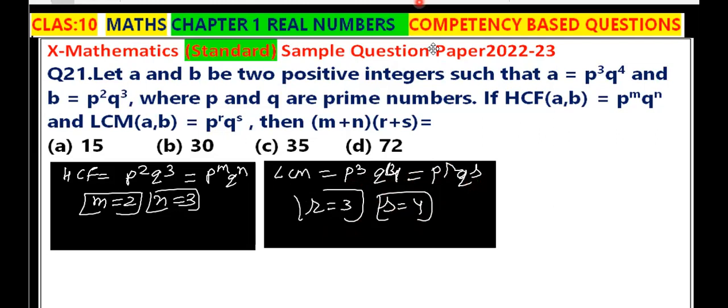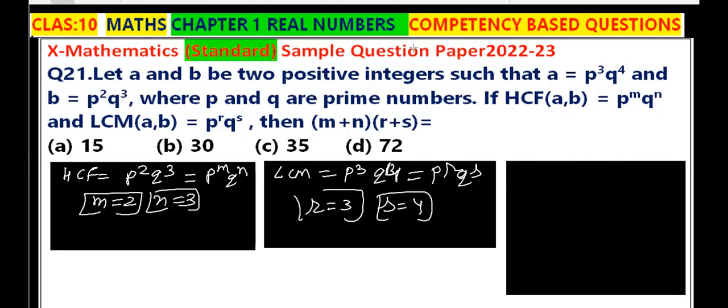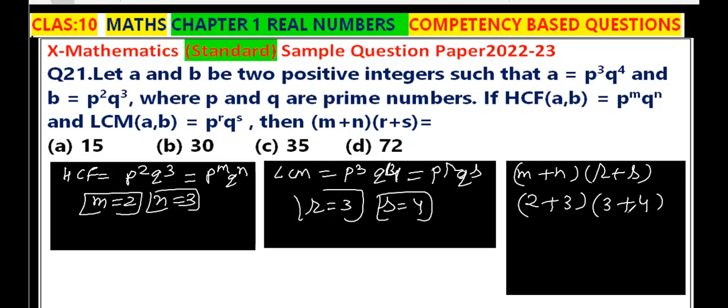But now we need the answer here. हमें क्या चाहिए? देखिए, M plus N into R plus S. M कितना 2, N कितना 3, R कितना 3, what is S, 4. So 2 plus 3, 5, into 7, that is 35 answer. So answer of this question is 35.